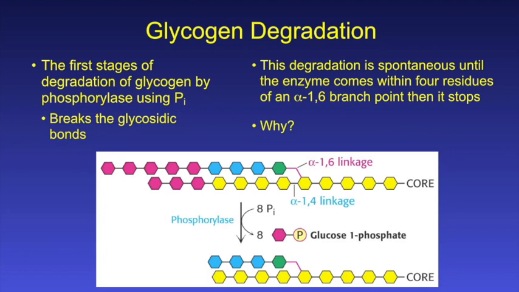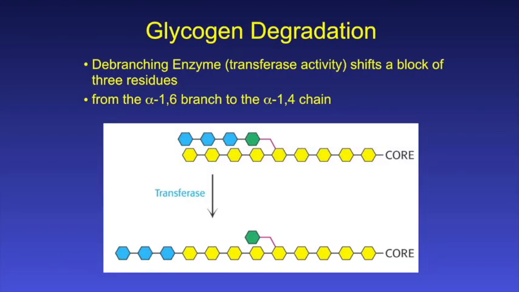But once it gets within 4 residues of an alpha-1,6 linkage, it stops working because the substrate doesn't fit into the enzyme anymore. But it can fit into a debranching enzyme that has 2 activities. One is a transferase, and it takes 3 units of glucose, transfers it to another end, leaving the single glucose in the alpha-1,6 all by its lonesome.